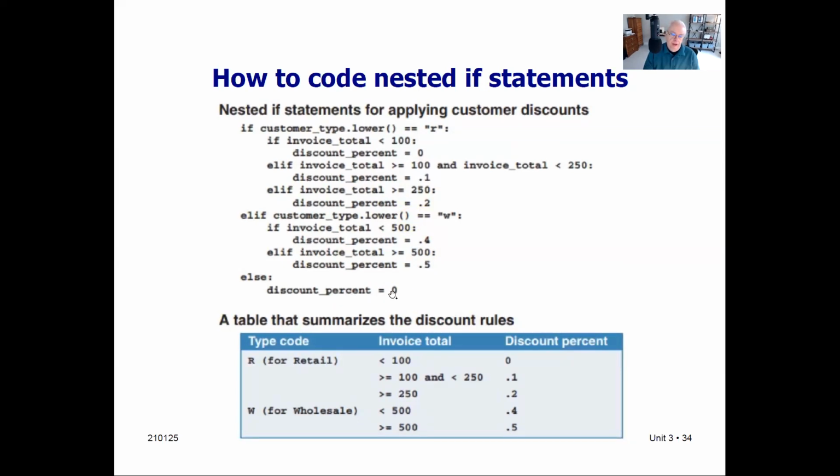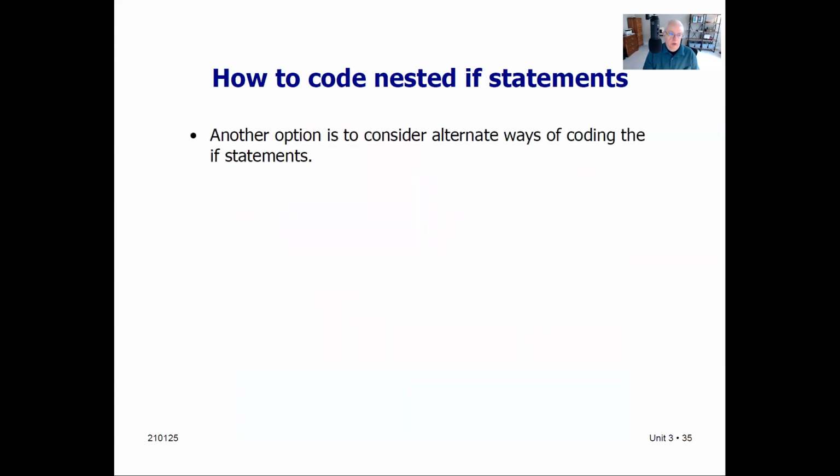I'm wondering if there should not be a print statement here at the bottom that says something like, your discount is going to be 0 because you are not a retail or wholesale customer, something to make the user of this particular program understand what's going on.